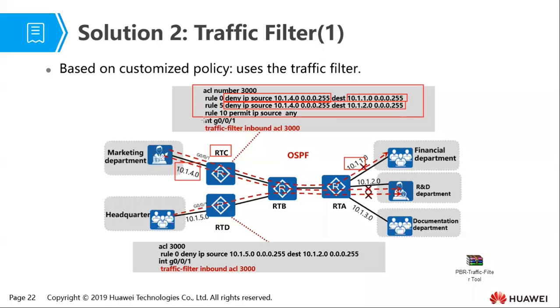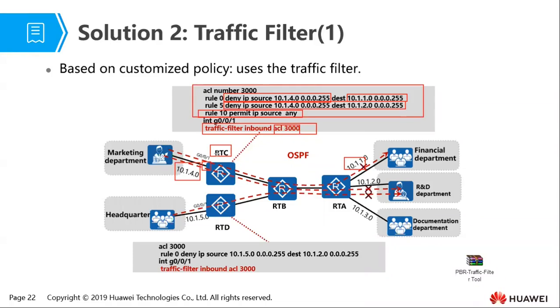Then the last rule, we permit all the other packets from the marketing department. After that, we go into this interface G0/0/1 and apply a traffic filter. Here we're saying traffic-filter inbound, so any packet coming into this interface, apply ACL 3000.